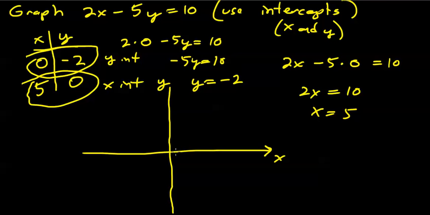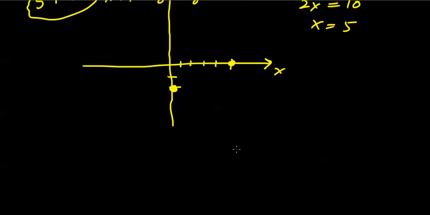When x is 0, y is minus 2. All right, puts me 2 units south of the x-axis on the y-axis, of course. All right, when y is 0, x is 5. So there is my x-intercept.